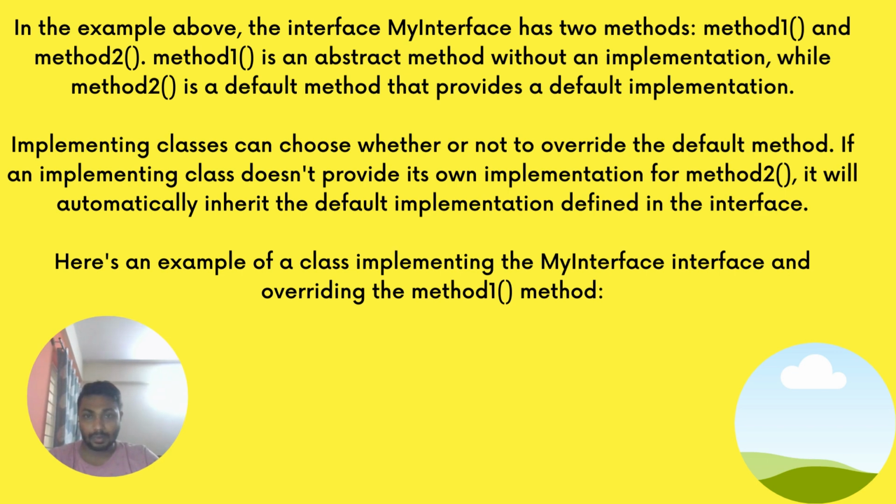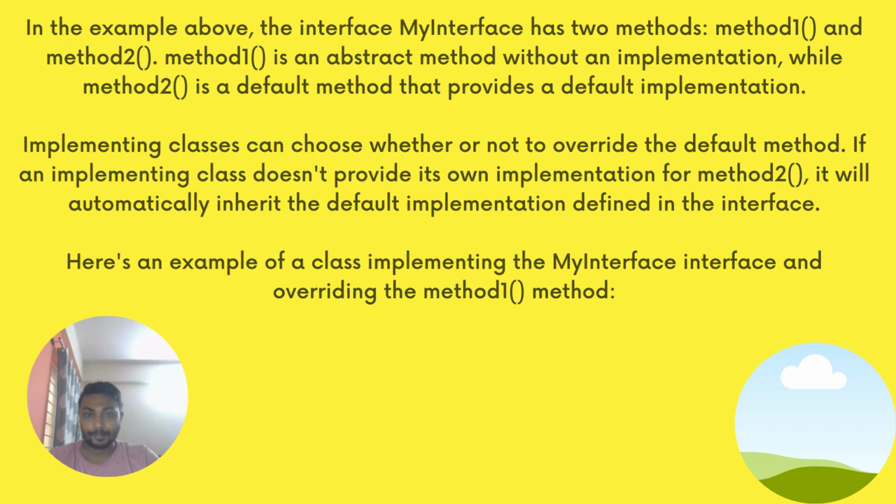So here is an example of a class implementing MyInterface and overriding method1. In this example, we see the class implementing MyInterface and overriding method1.